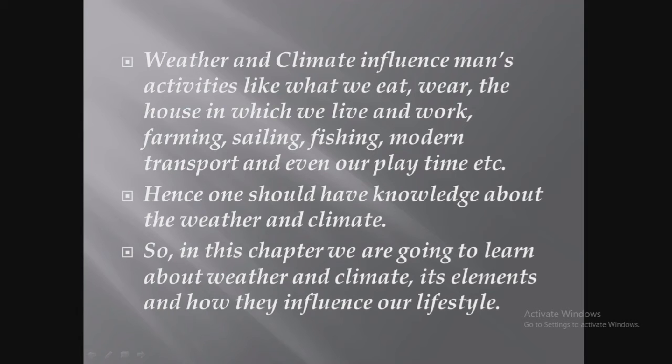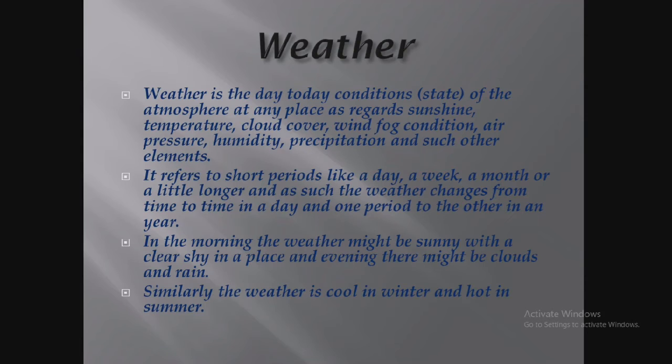Next, we'll see what is weather. Weather is the day-to-day condition or state of the atmosphere at any place as regards sunshine, temperature, cloud cover, wind, fog condition, air pressure, humidity, precipitation, and such other elements. So these are the elements of weather. Very simple. Weather is the day-to-day condition.